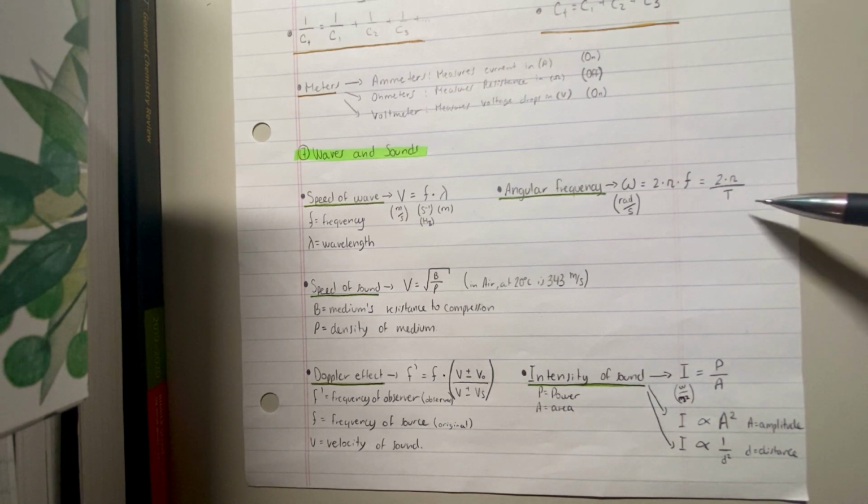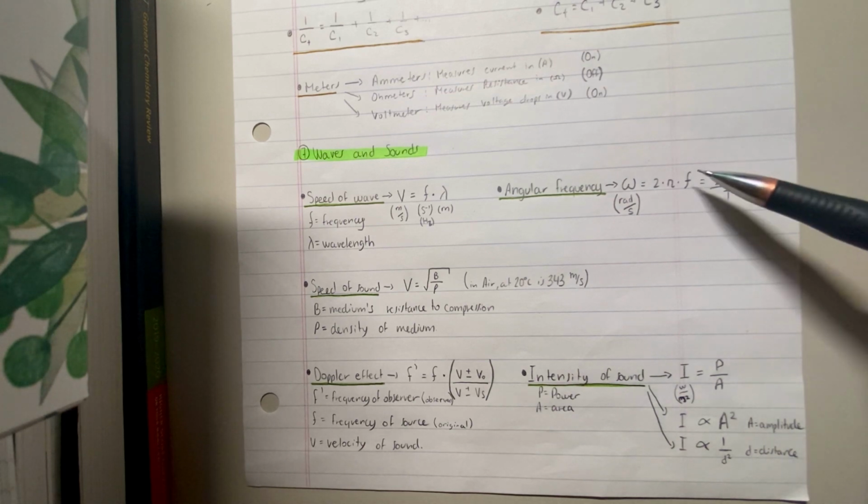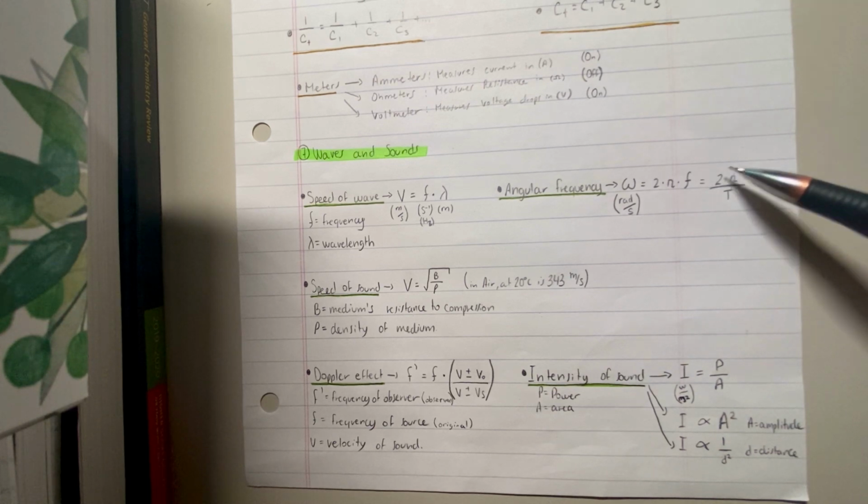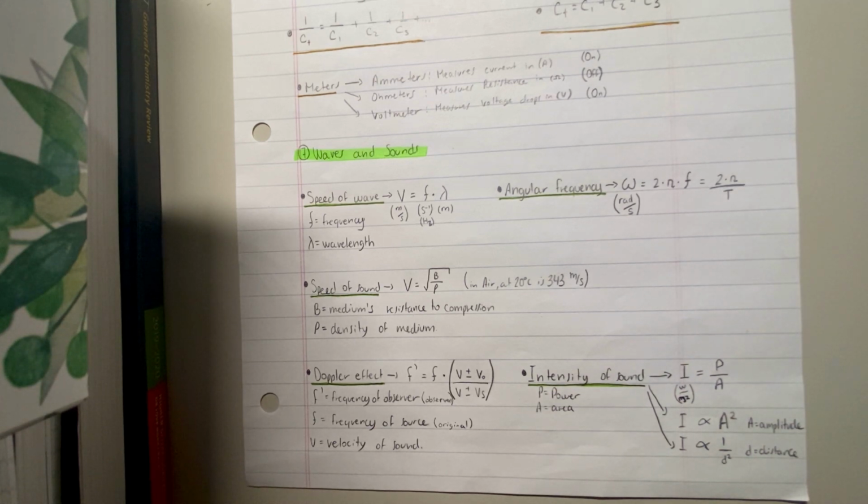Also, T, which I have not shown you, is the symbol for the period, and the period is obtained with 1 over frequency. So if we isolate frequency, we would have 1 over T. If we replace frequency by 1 over T, we would obtain this here. So that's another way to get the angular frequency.